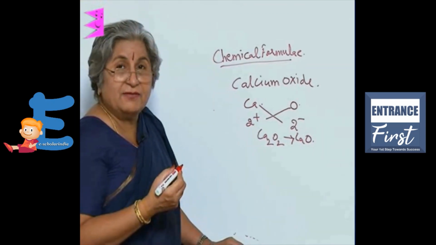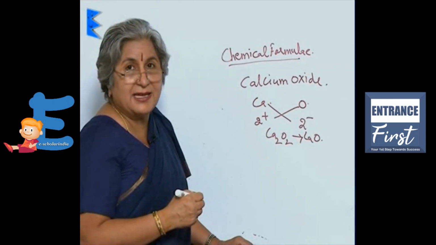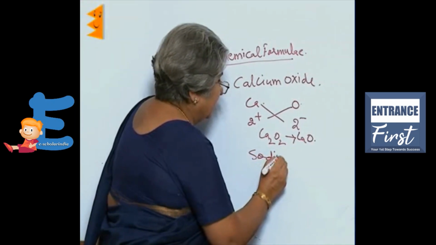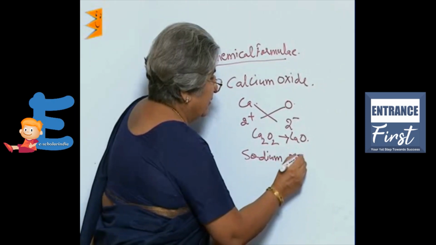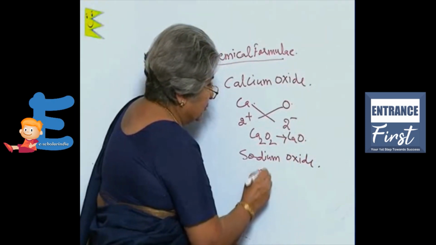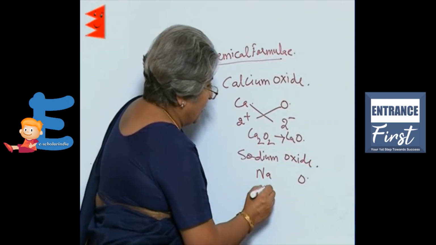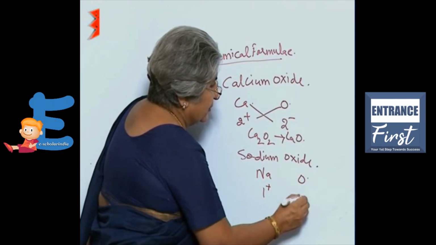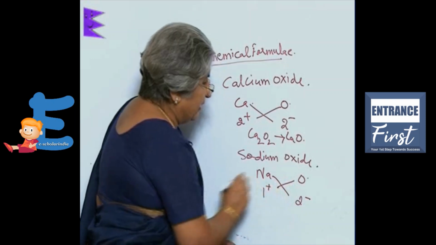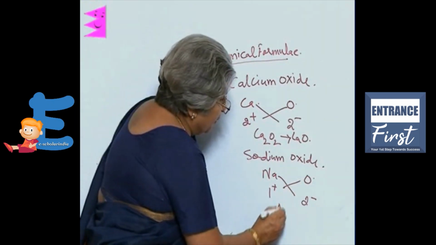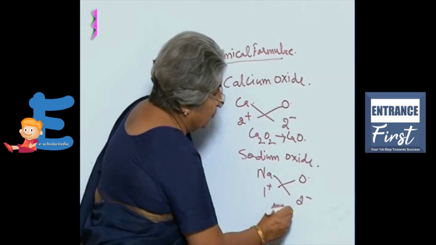Now what happens when valencies are different, as in case of say sodium oxide? Sodium, oxygen, this is 1 positive, this is 2 negative, so when we crisscross, 2 goes to sodium. So the formula will be Na2O.